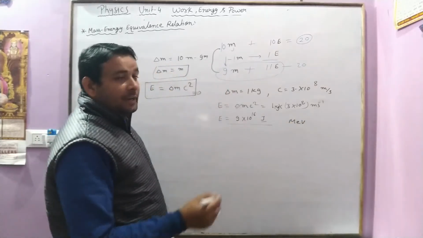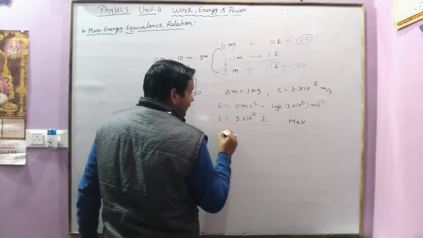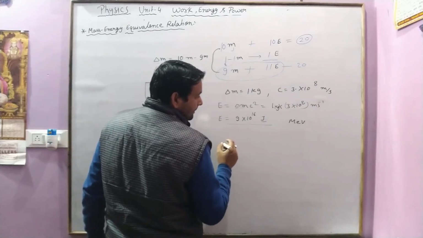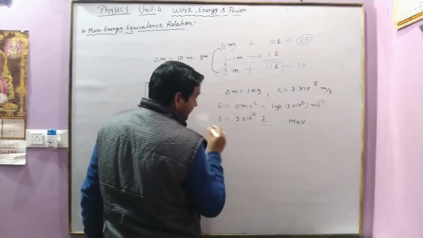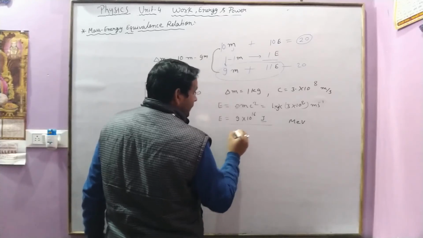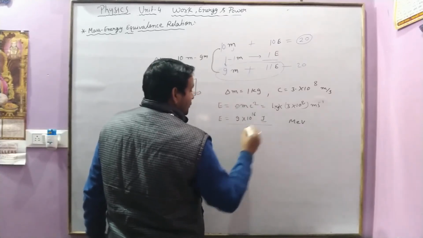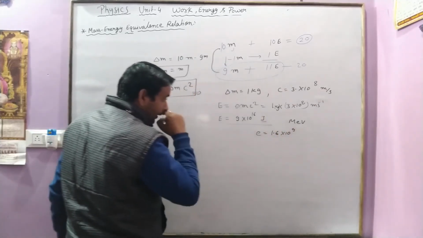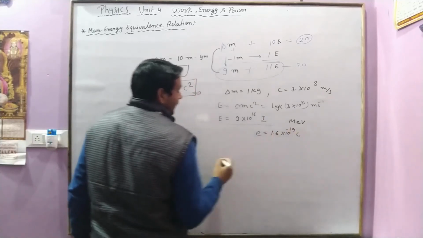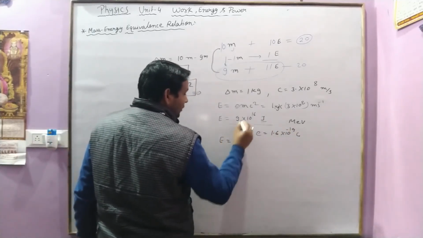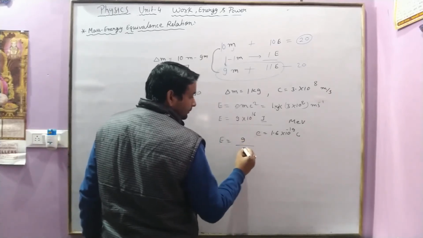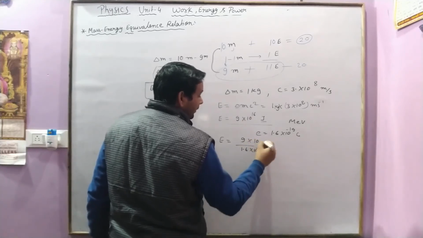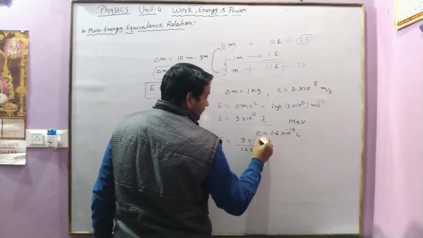For calculating this into MeV, we use the charge of the electron, which is 1.6 into 10 to the power minus 19. So it will be calculated as E is equal to 9 upon 1.6 into 10 to the power minus 19, and here we have 10 to the power 16.